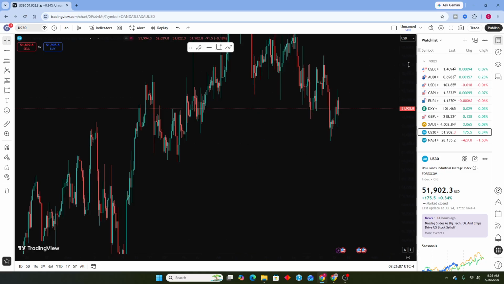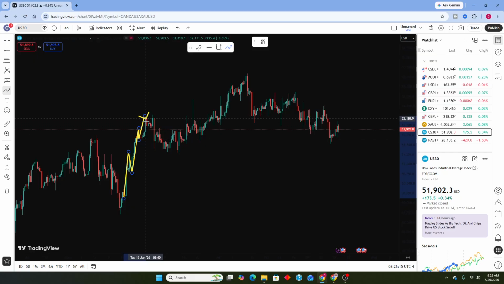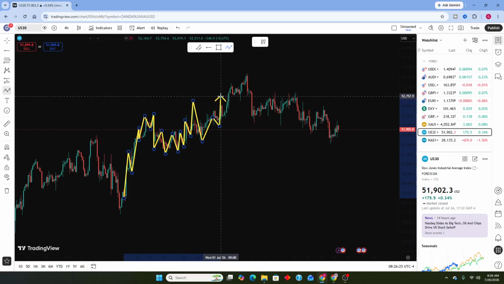Where does your aggressive push start from? Down here. Boom. Anything noticeable you draw. Wicks get counted too. It's a bunch of ranging mess.